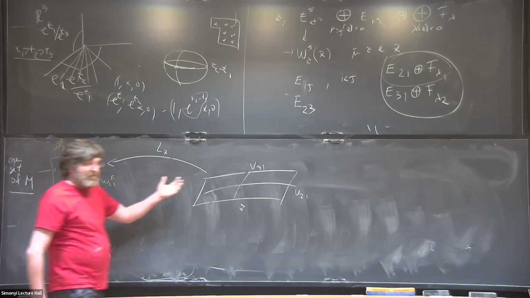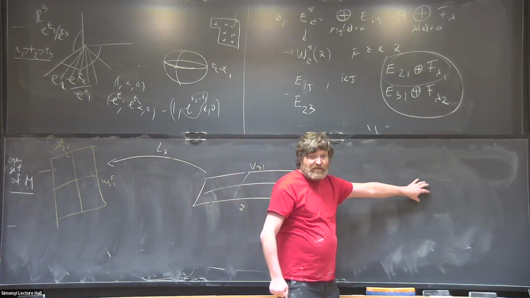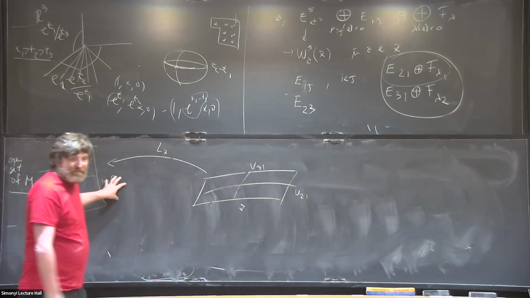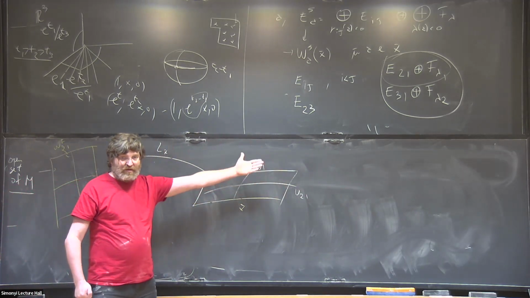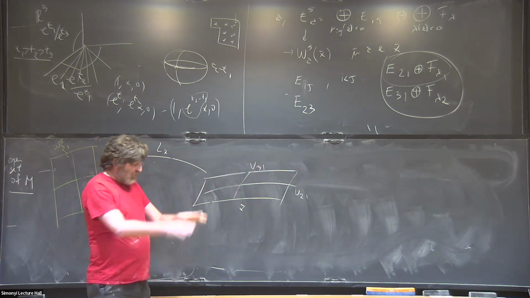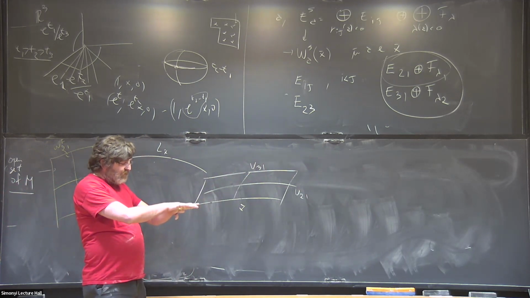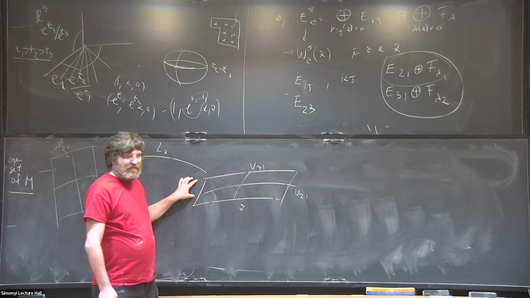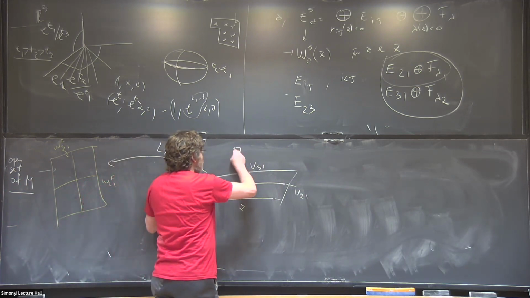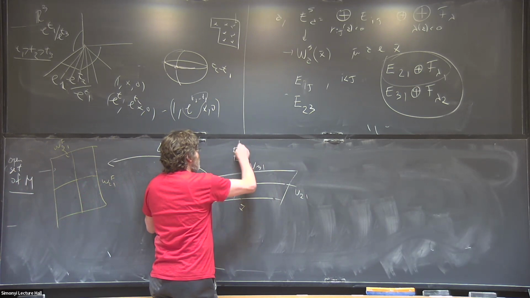So define a map from the sphere into the manifold by this picture. You take your open set of the sphere. It is given as a patch over this guy, which actually is this group here.